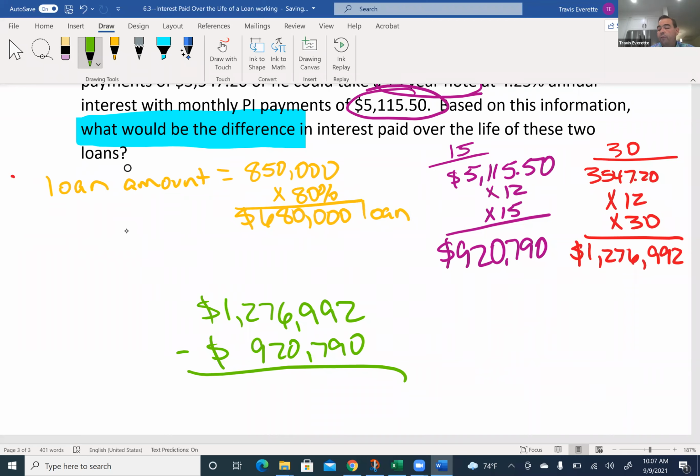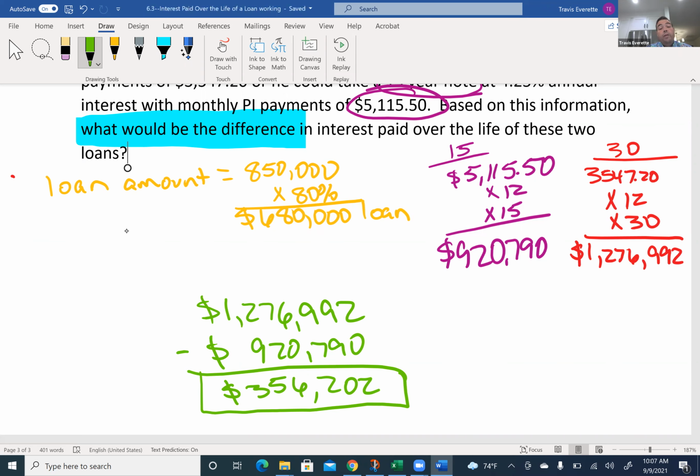So what would be the difference between these two loans? Looks like to me Seth would pay an additional $356,202 in interest simply by taking the 30-year route versus the 15-year route.